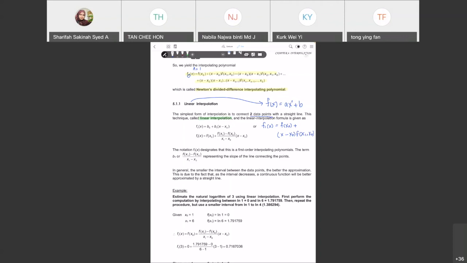If you want to move forward to quadratic interpolation, you need 3 data points, x0, x1, x2. If you only have 2 data points for linear, you just have x0, x1. So x represents the data point.